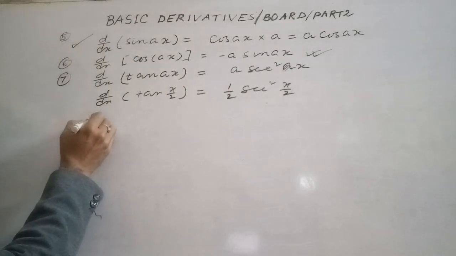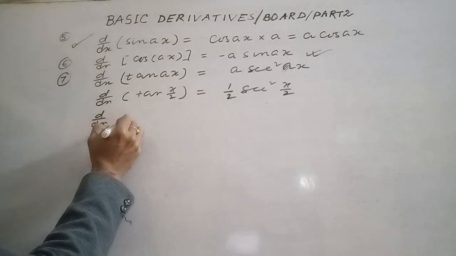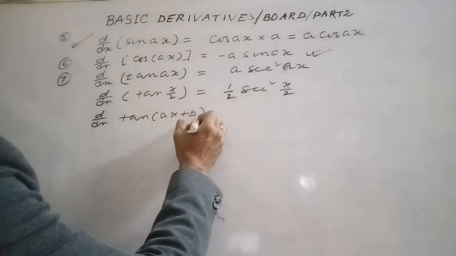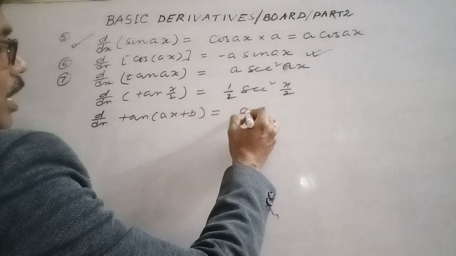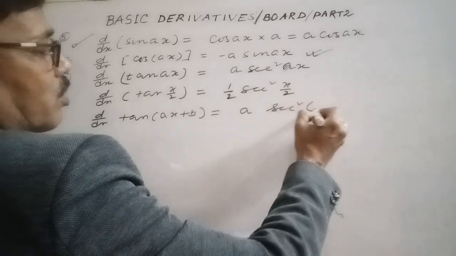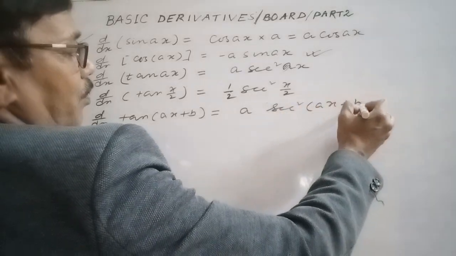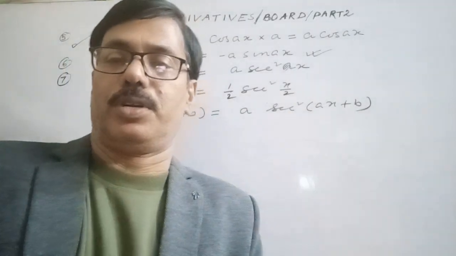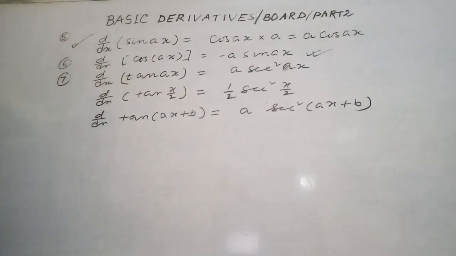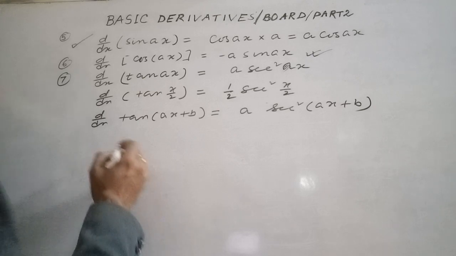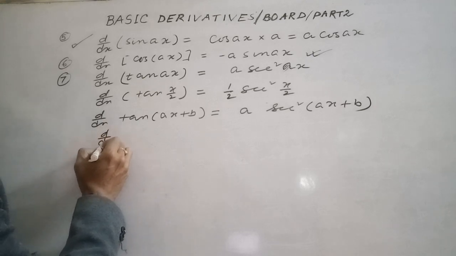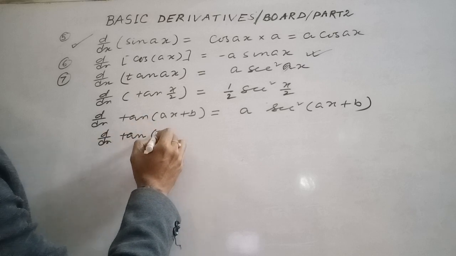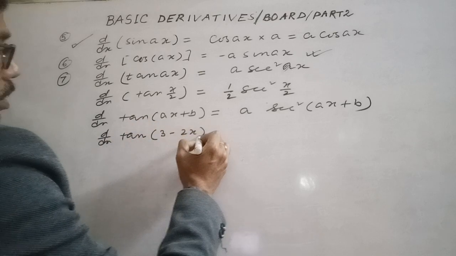And in general, d/dx of tan(ax plus b) equals a into sec square(ax plus b). Sec square into the coefficient of x. Now, d/dx of tan(3 minus 2x).